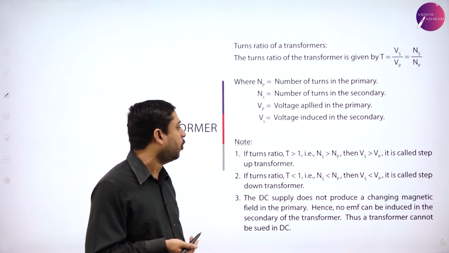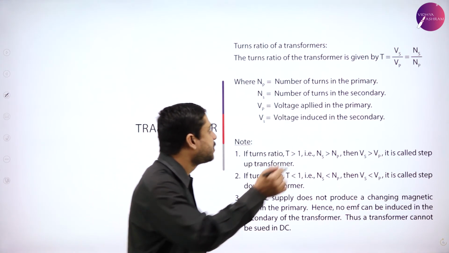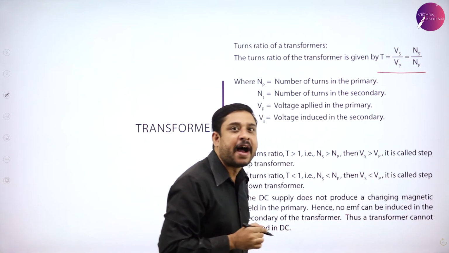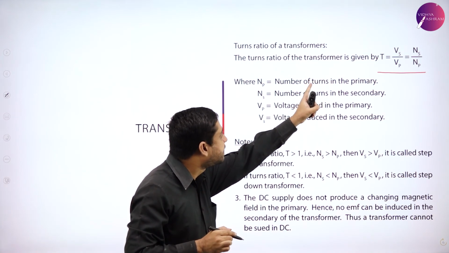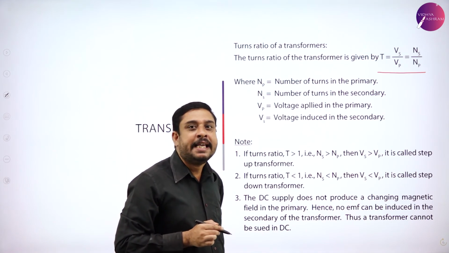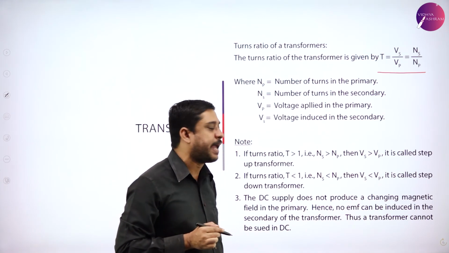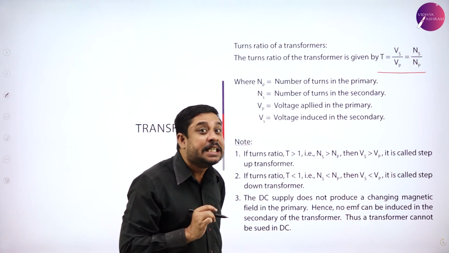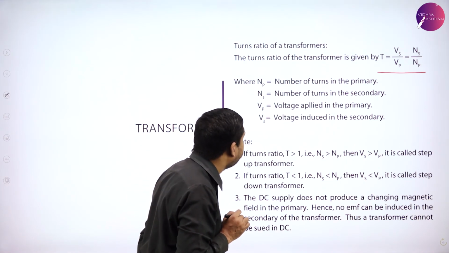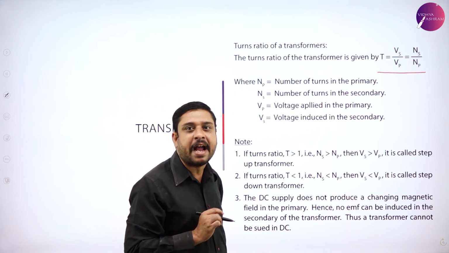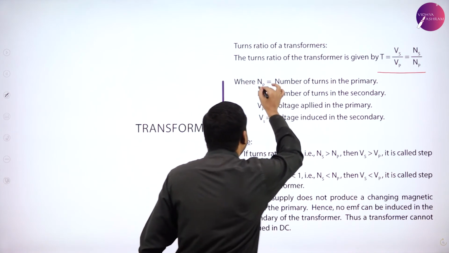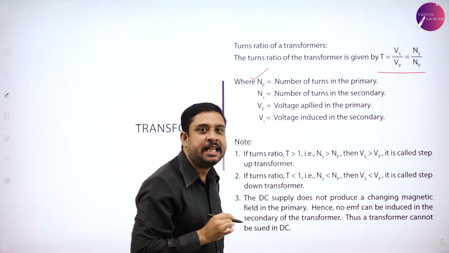Turns ratio. The turns ratio of a transformer T is defined as Vs divided by Vp, which is equal to Ns divided by Np. Remember, we call it the turns ratio. Vs divided by Vp equals Ns divided by Np. What is Np? Number of turns in the primary coil.